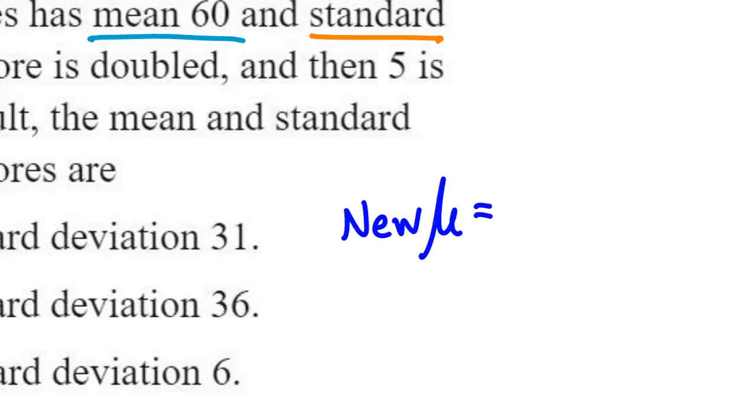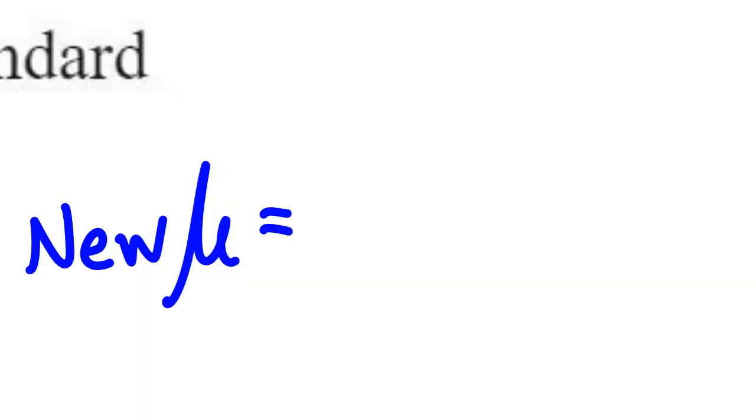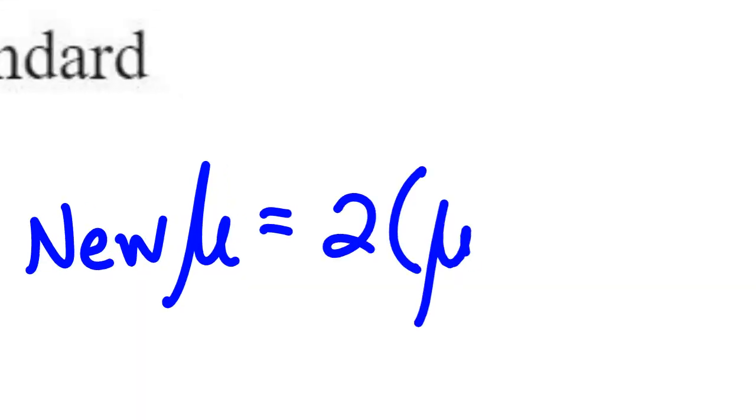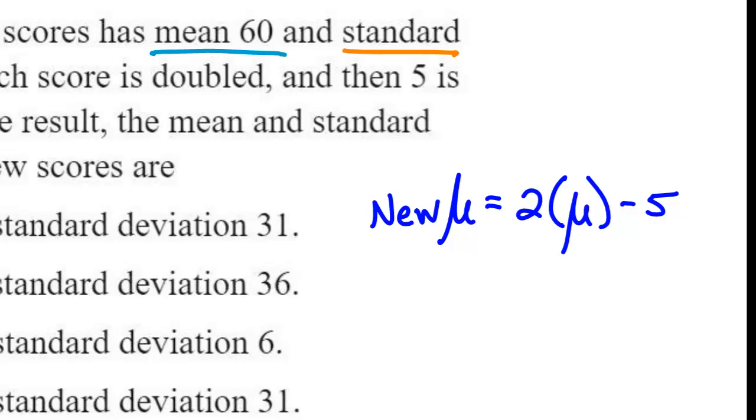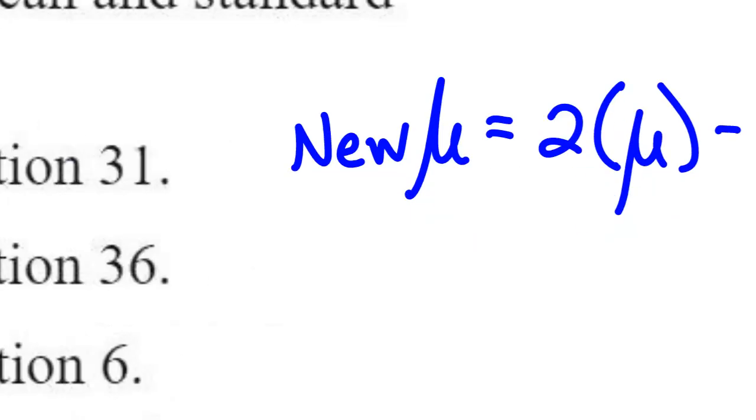So for new mu, we're going to do 2 times mu minus 5. Standard deviation is going to be almost the same.